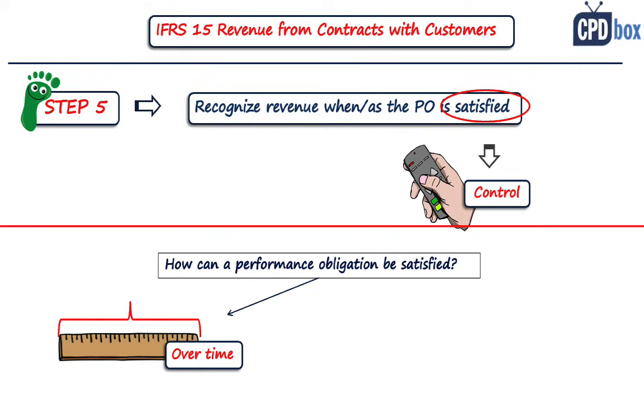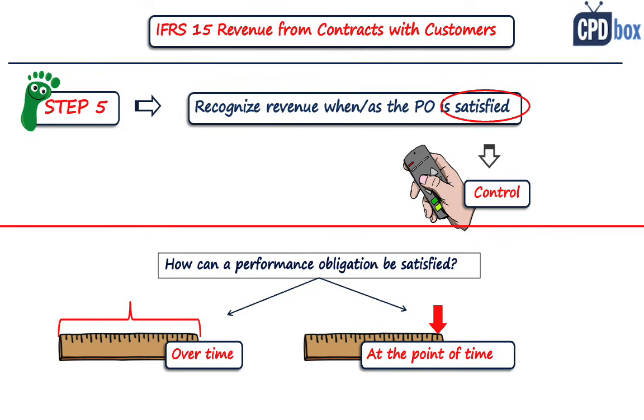Just as an example, some real estate development projects or construction contracts are usually on over time basis. Or a performance obligation can be satisfied at a point in time, with revenue recognized at that point in time. And IFRS 15 sets 3 criteria when you need to recognize revenue over time, and if one of them is met, then it's over time, otherwise it's at a point in time.